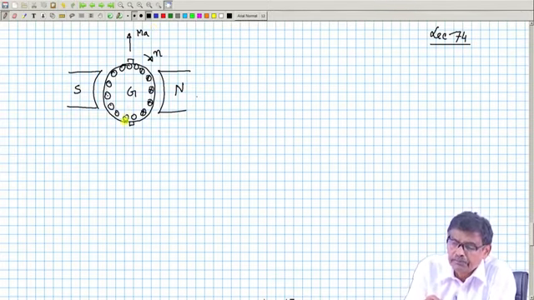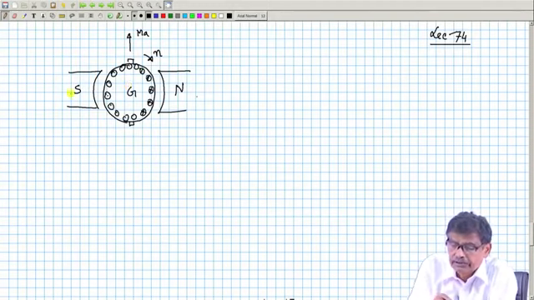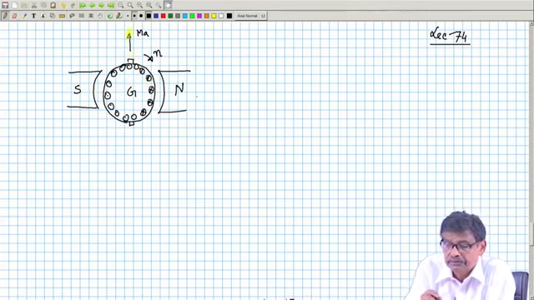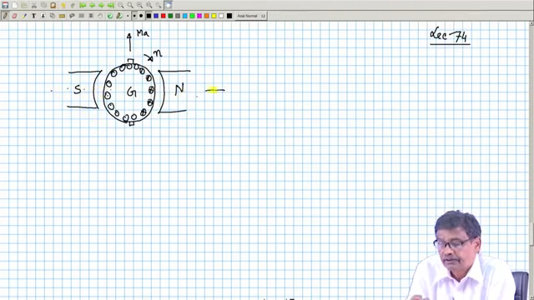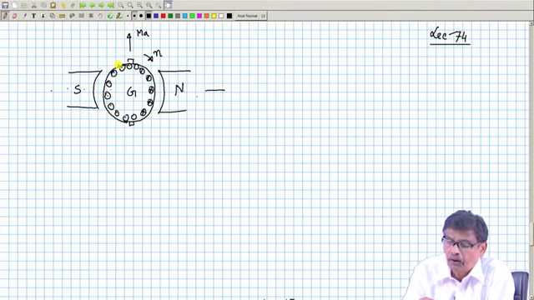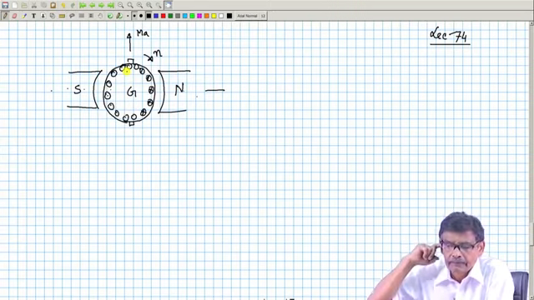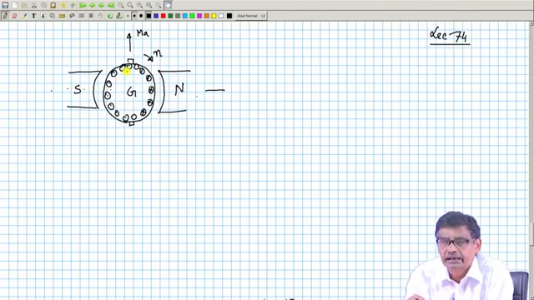This is called cross magnetization. The geometrical neutral plane was defined as: the main field axis is horizontal, and perpendicular to that is the geometrical neutral axis. Also the magnetic neutral axis coincides with this in this case, when the armature is not carrying any current.